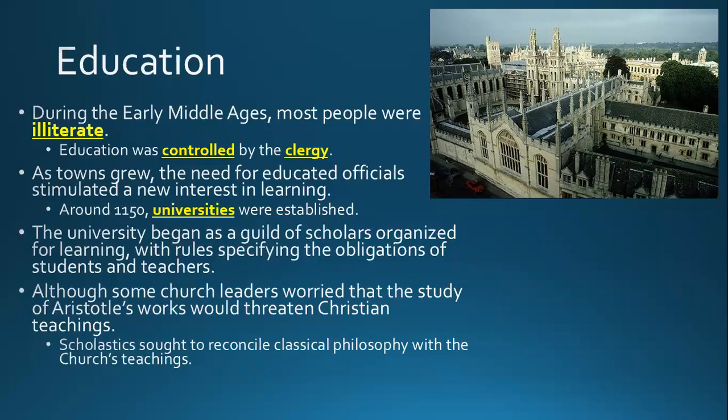All right. Now, these began as a guild of scholars who were organized for learning, with rules and obligations of students and teachers. Some church leaders worried that the study of people like Aristotle would threaten Christian teachings, because if you remember from ancient Greek history, Aristotle was somebody who promoted asking questions.